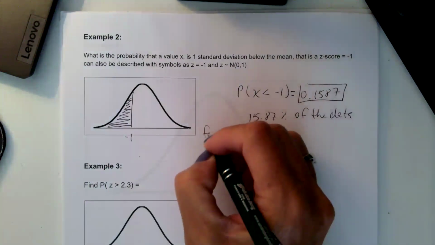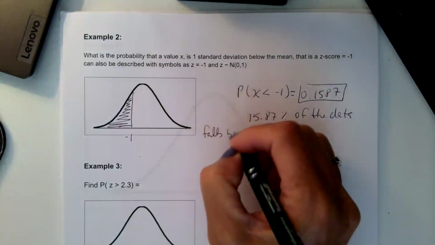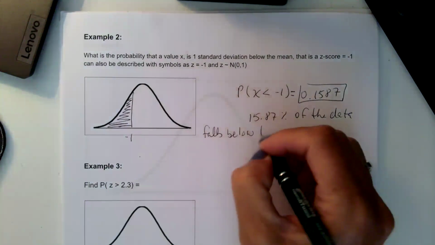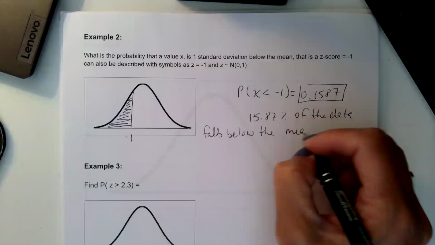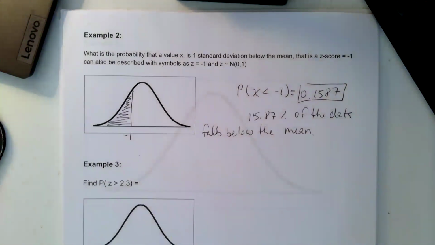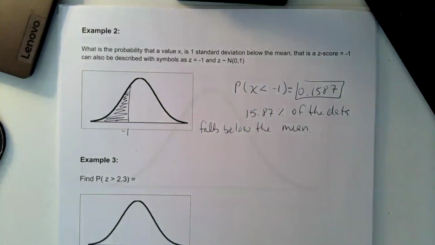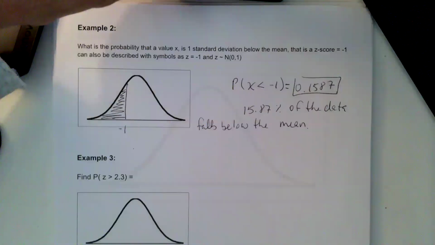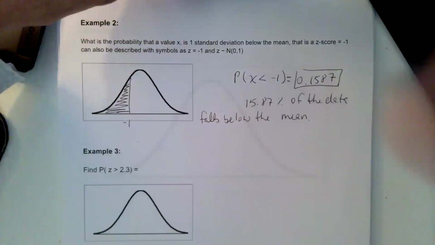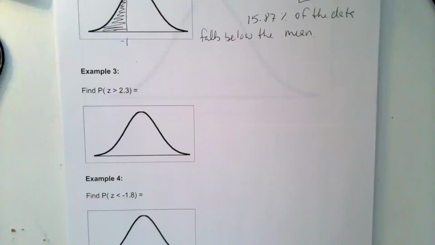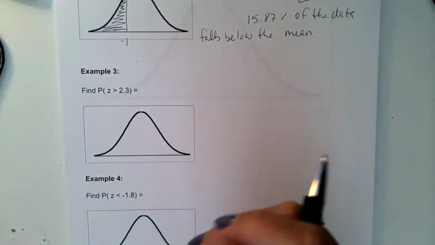Data falls below the mean if your data is following the empirical data. So remember, that's if your mean and your median are about the same.